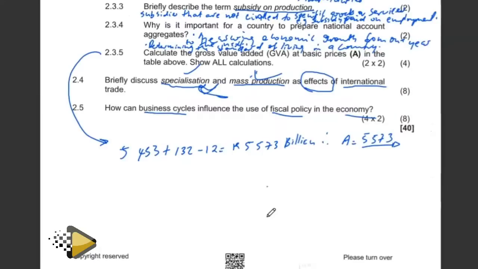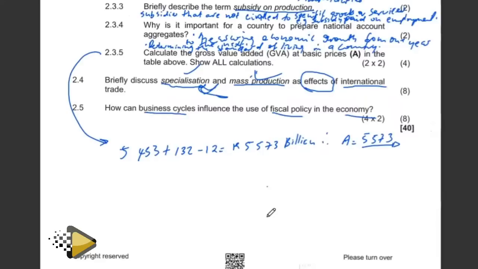And the moment the government uses this policy, it is when it wants to stimulate the flow of goods and services. So the instruments that the government normally uses whenever it wants to stimulate the flow of goods and services are government spending as well as taxation.